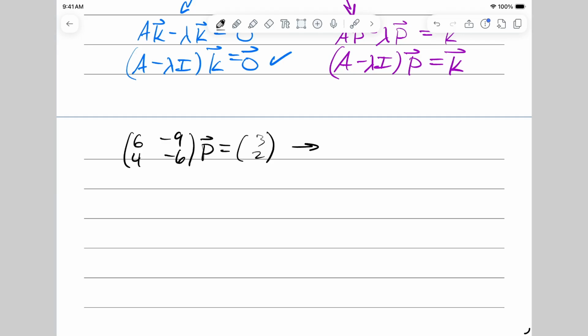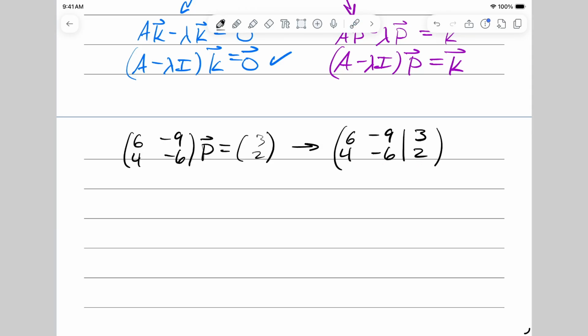This leads to a different augmented matrix, and I have to actually write down what's on the right-hand side this time because it's not just zeros that never change. Our augmented matrix has rows 6, −9, 3, and 4, −6, 2.